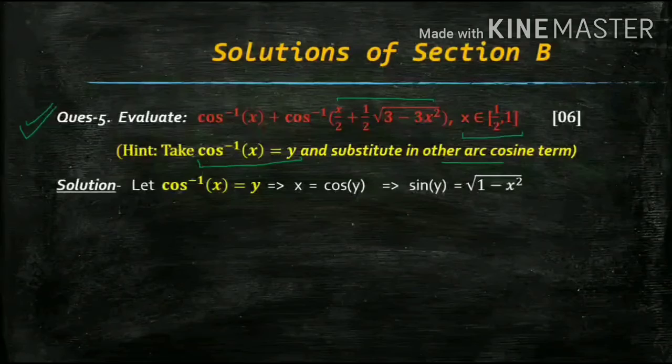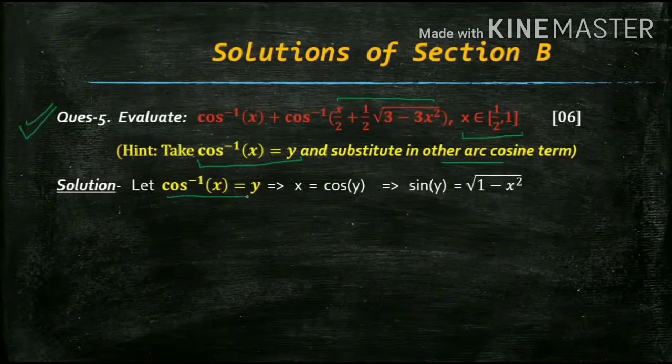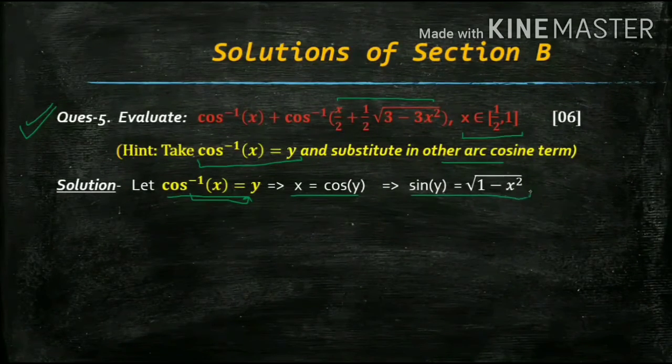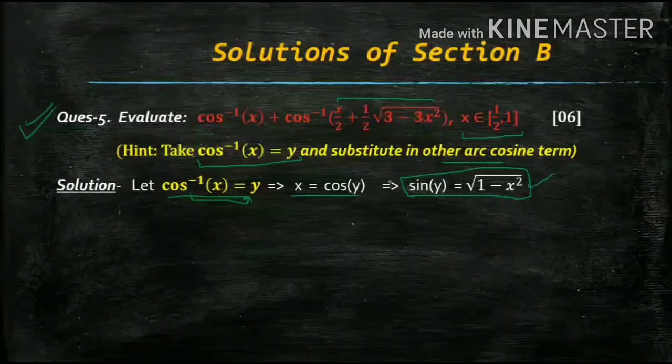So doing the same thing, take cos inverse x as y. Then x would be nothing but cos y, taking this cos inverse over its side, so it becomes cos. Now I have to find sine. I'll tell you at a later stage why I am doing this.